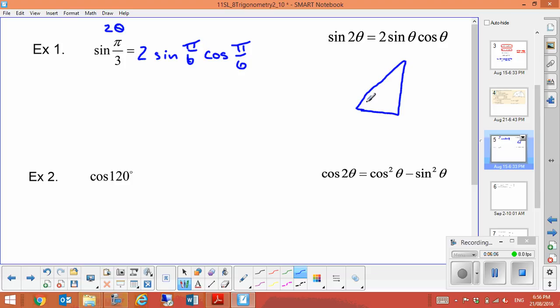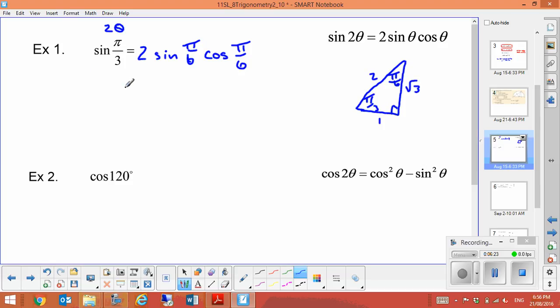That's a funny shape, bit of a leaning chop, must be the Leaning Tower of Pisa triangle. Okay, so in here we've got our pi on 3, pi on 6, which is our 30 degrees, 1, 2, root 3.